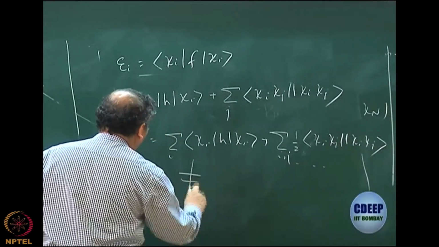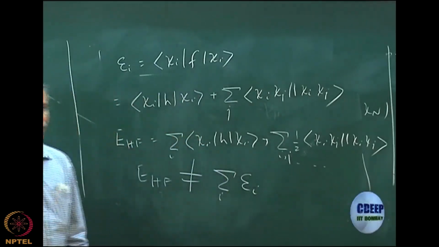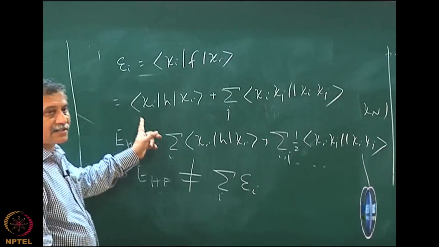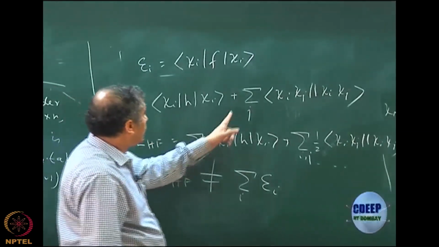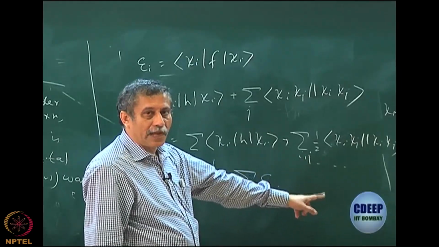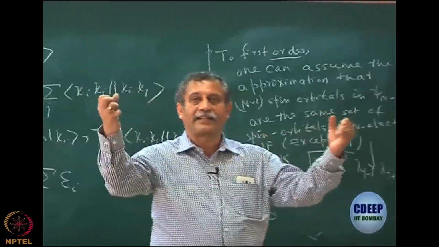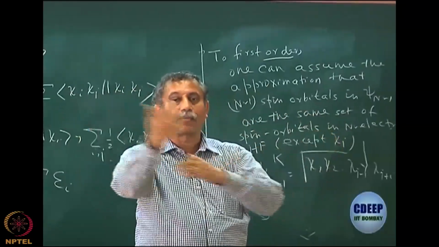I have discussed this before also, but let me again repeat it. Because if I take sum of the orbital energies, this sum will come here, here also sum will come, but without the factor half. So I have already repeated that if you take sum of the orbital energies, what is happening is that the interaction between the electrons are double counted.